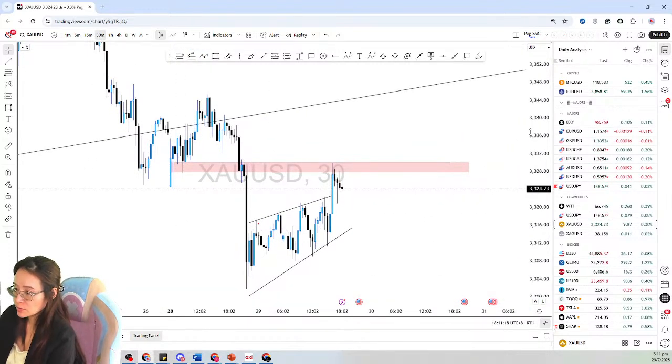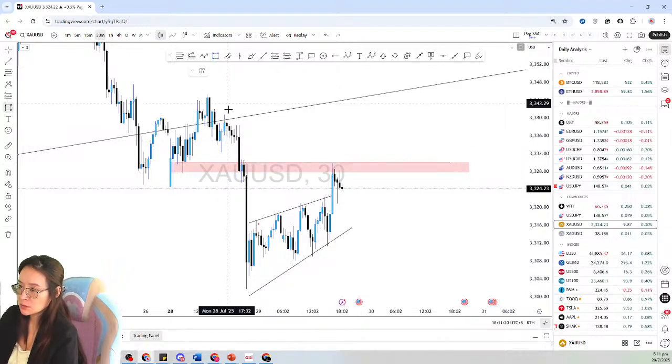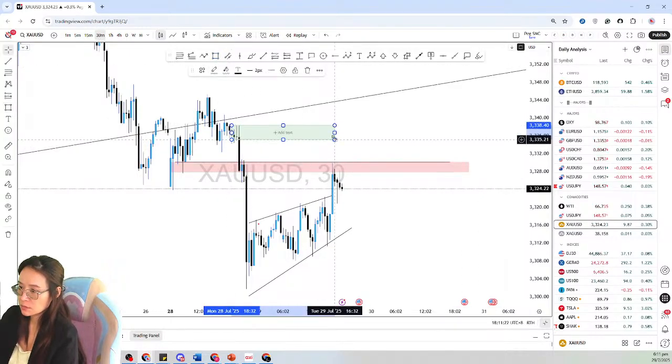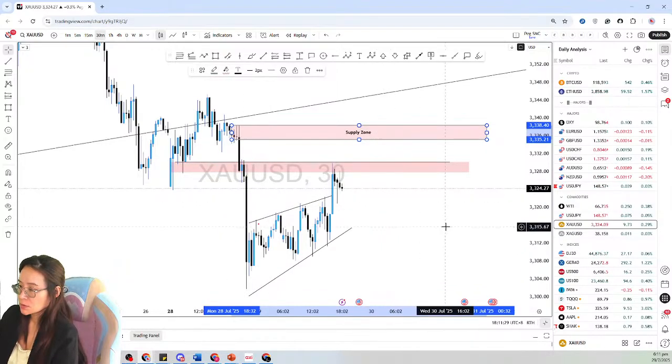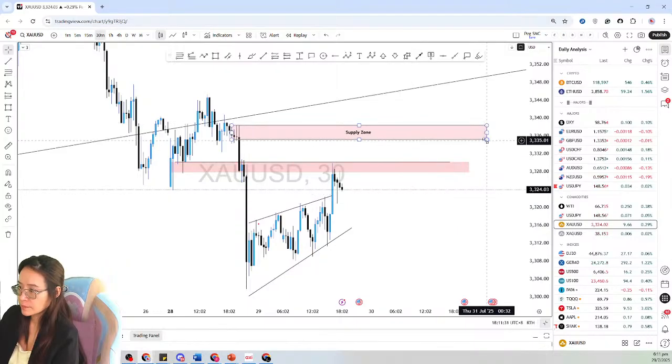And another sell zone that I'm looking at is the supply zone, which is right here, somewhere around this level.